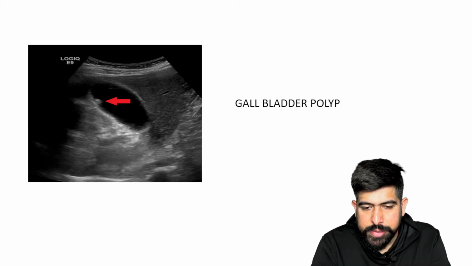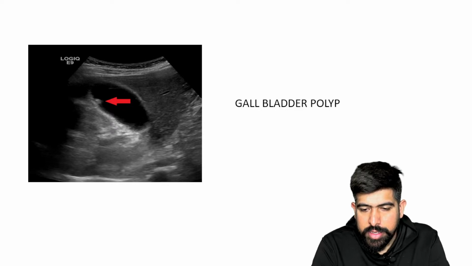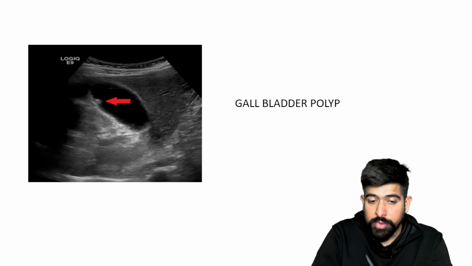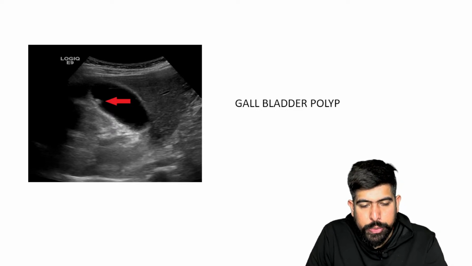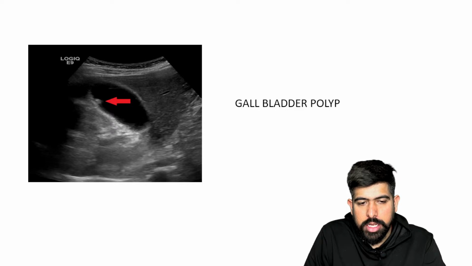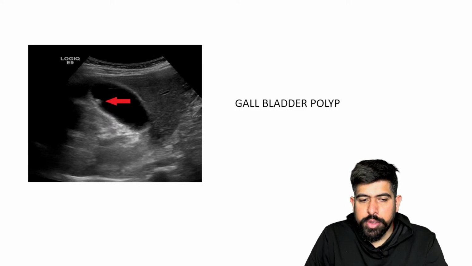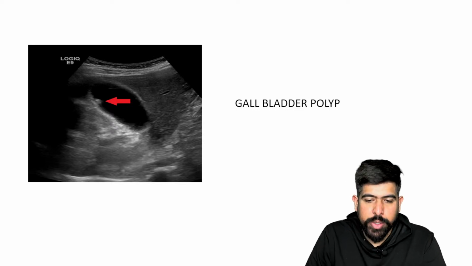Can you see this? What will be seen in the gallbladder polyp? Is any acoustic shadow seen, guys? Let me know. Any acoustic shadow seen in this condition, gallbladder polyp? No, there is no shadow.